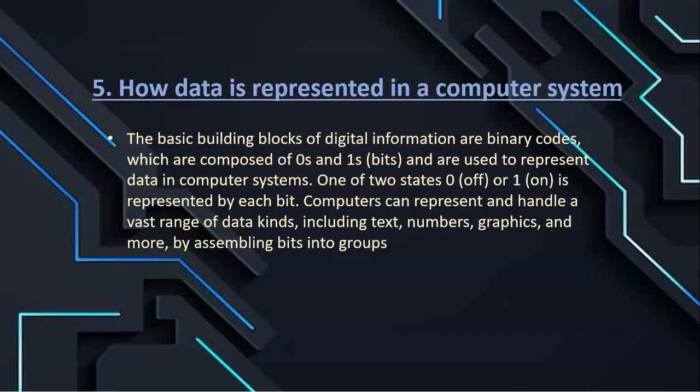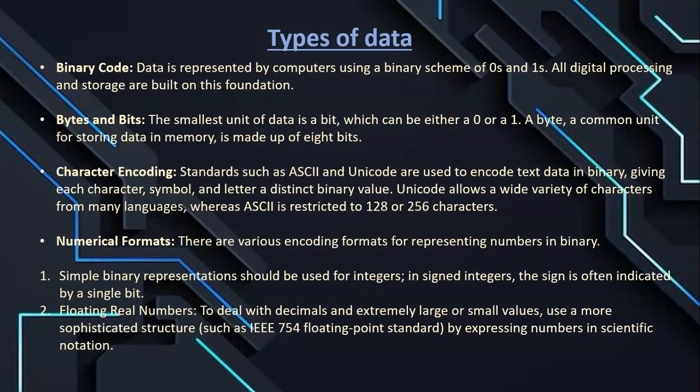Computers can represent and handle a vast range of data kinds, including text, numbers, graphics, and more by assembling bits into groups. Types of data: binary code, bytes and bits, character encoding, numeric formats.